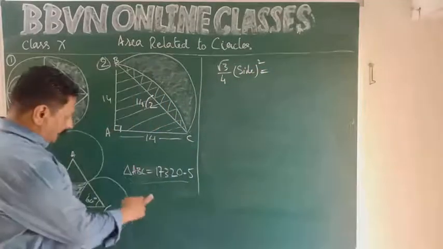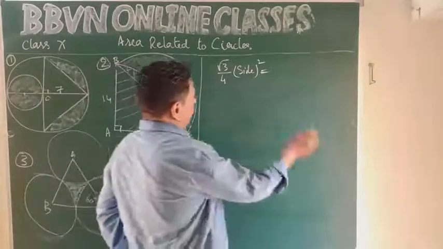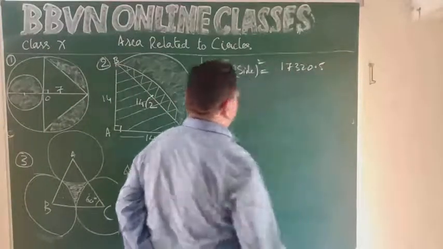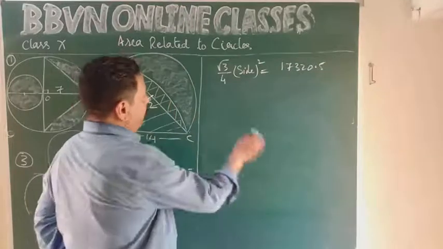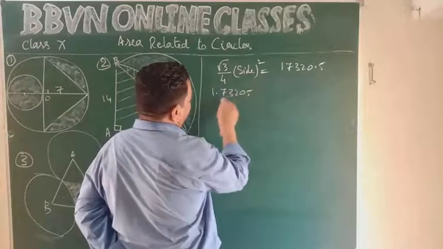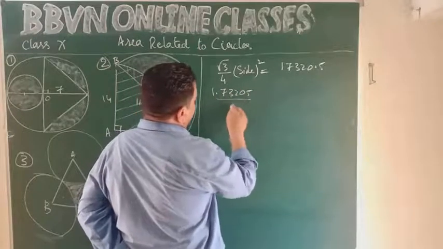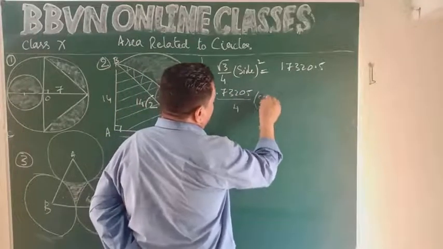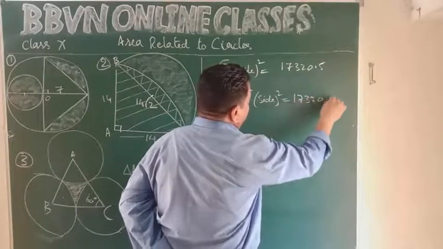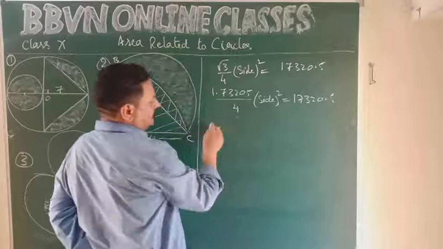This is given as 17320.5. In the question, the value of under root 3 is given as 1.73205 upon 4 into side square is equal to 17320.5. So we need side square.